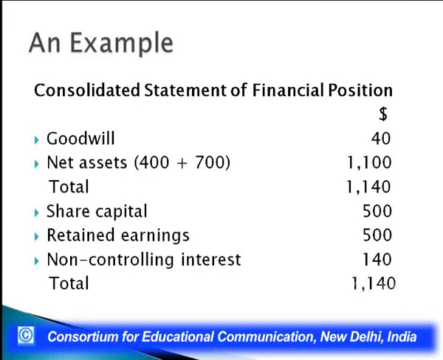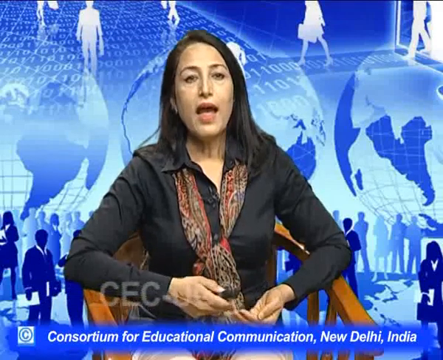So total assets would be 1100, right? So the total of goodwill and the total assets of P and S put together in consolidated financial statements becomes 1140. So the asset side of my balance sheet in the consolidated financial statement becomes 1140 in this small example.